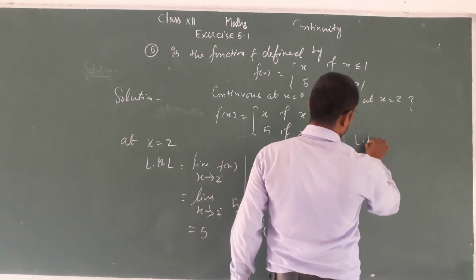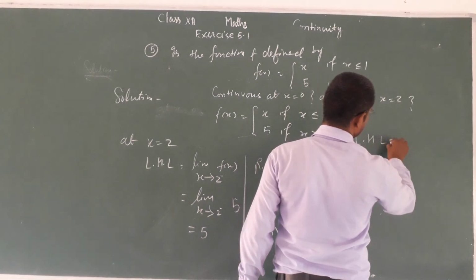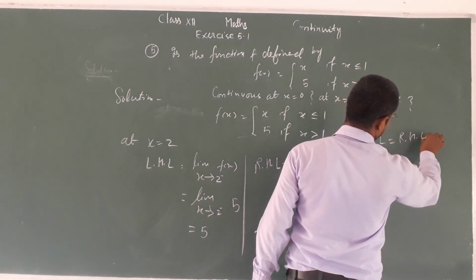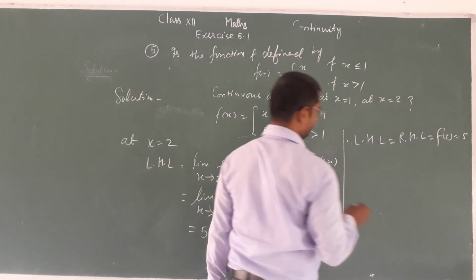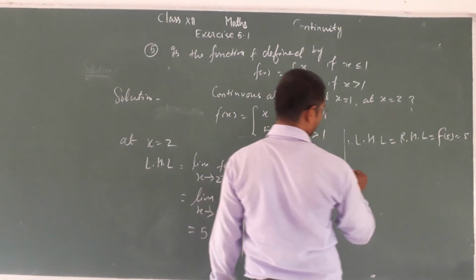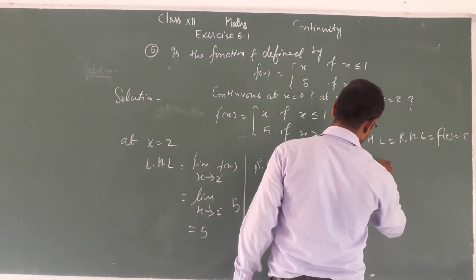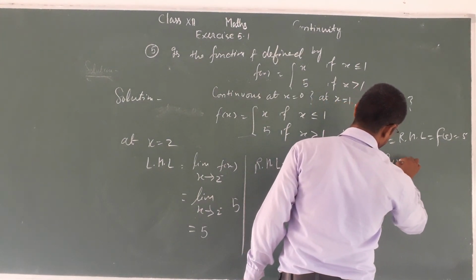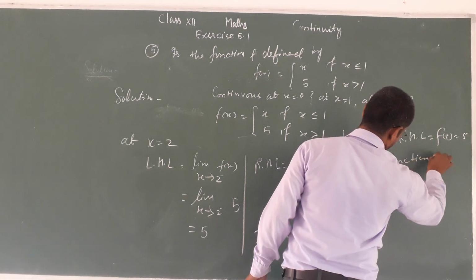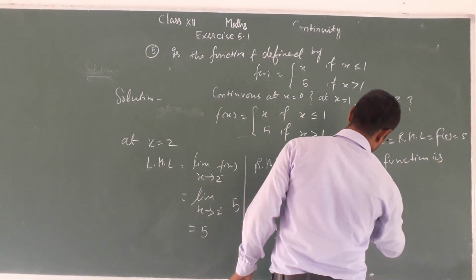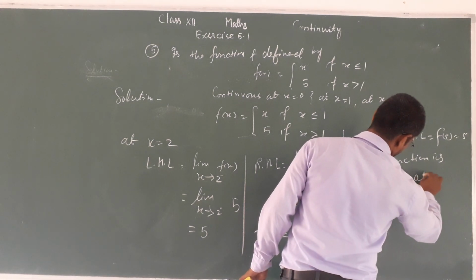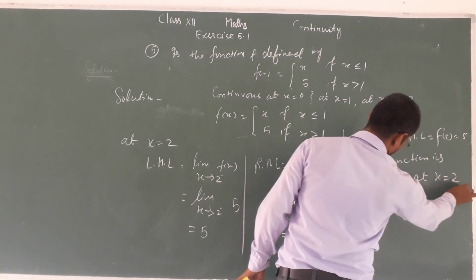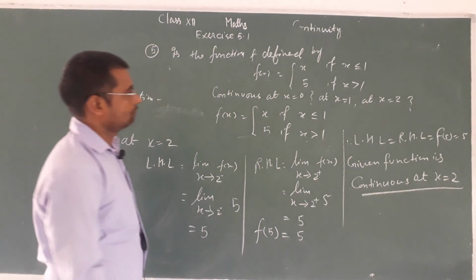Therefore the left hand limit is equal to the right hand limit is equal to f(2), which is 5. So the given function is continuous at x equal to 2. That's all.